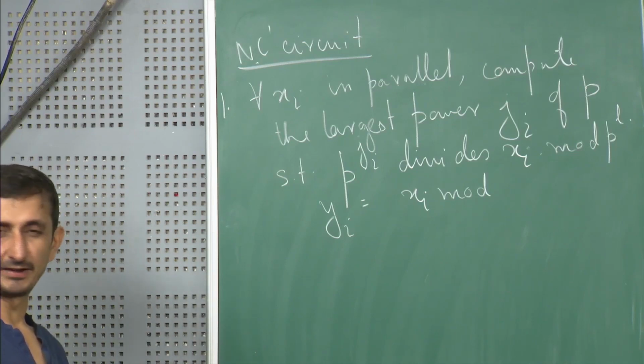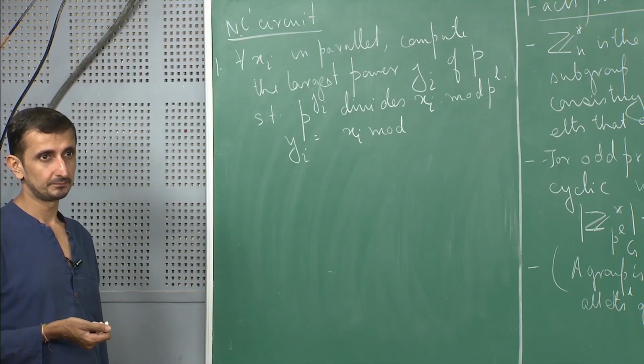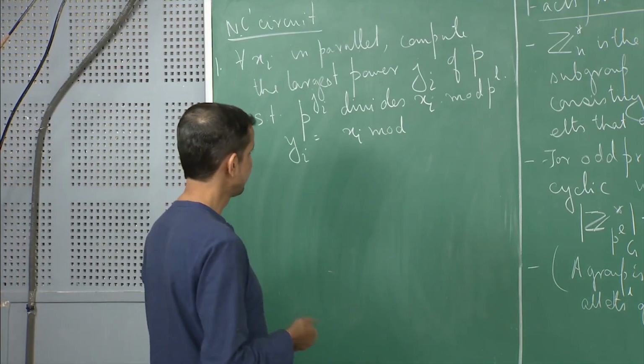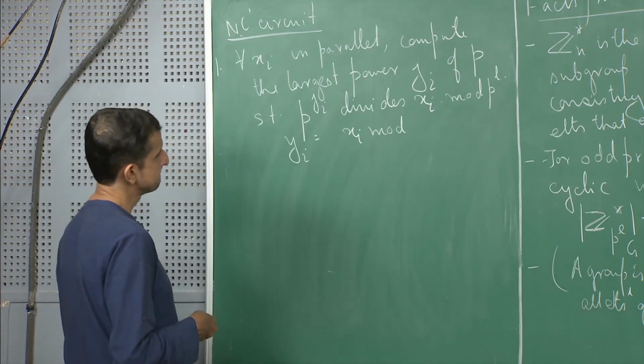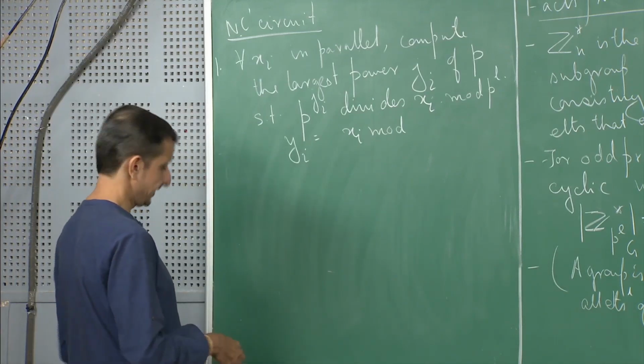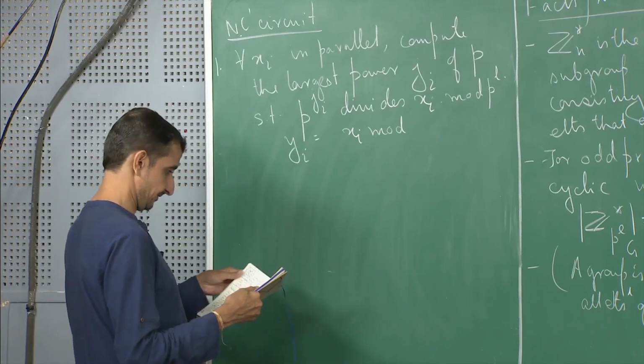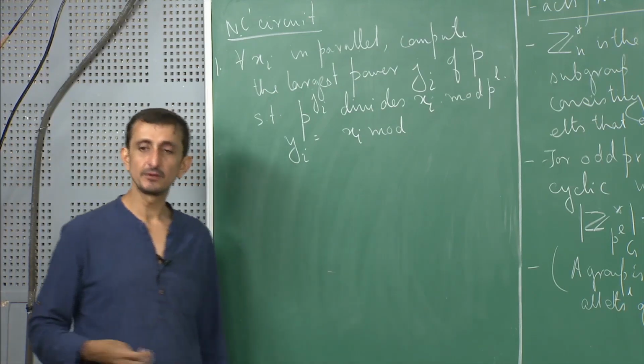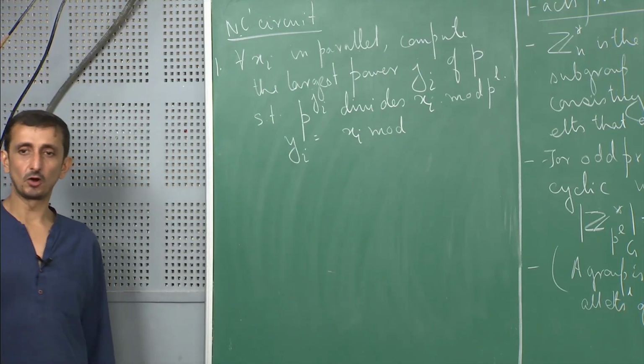You can just divide it and calculate. The prime power is less than n, so that is why you can factor it in log n steps.